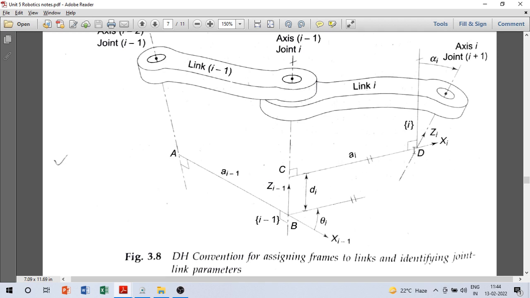So that is the translation, and it is also rotated by angle theta i, measured about the zi minus 1 direction, and further it is also rotated by angle alpha i. So that is clear from this figure that between frame i minus 1 and frame i there is a translation which is described by a and d, and there is a rotation which is described by theta and alpha. So we should be able to write a mapping based on these four parameters.